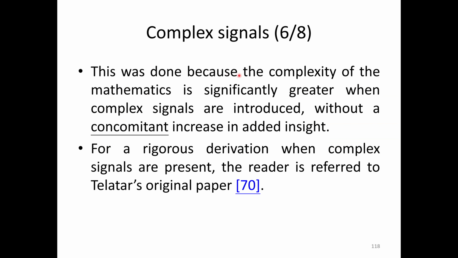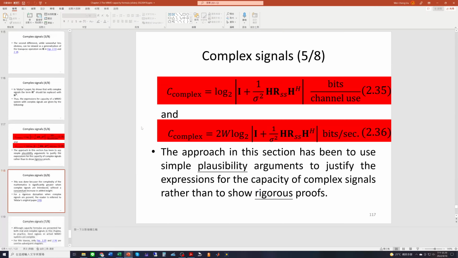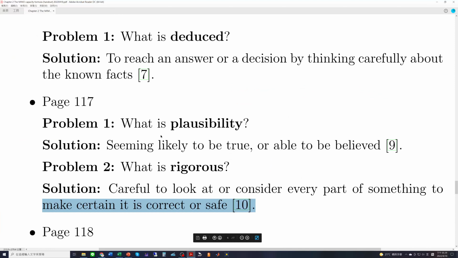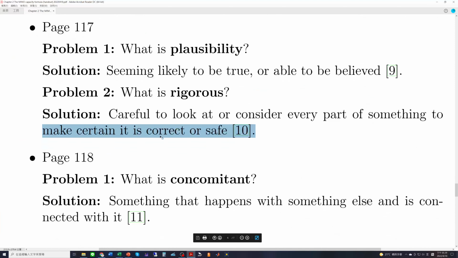This was done because the complexity of the mathematics is significantly greater when complex signals are introduced, without a concomitant. What is this word? Concomitant. Let us see the handout, page 118, problem 1.